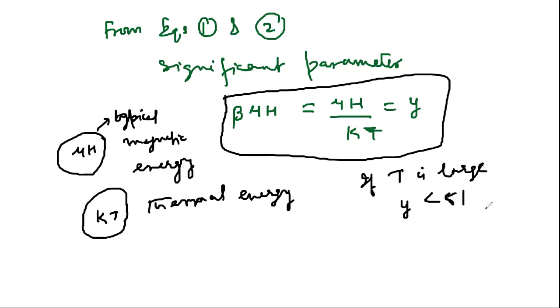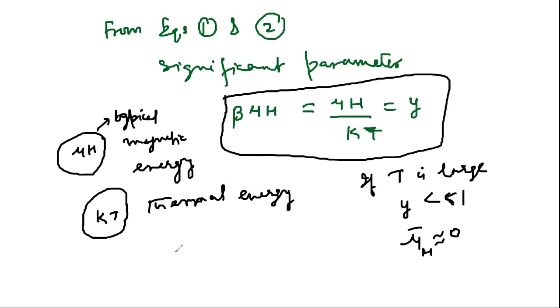The probability that mu is parallel to h is almost the same as that of its being antiparallel to h. So in this case, mu is almost completely randomly oriented, and the average magnetic moment in the direction of h per atom is approximately 0. Think about this. Let me write it here. This is 0.